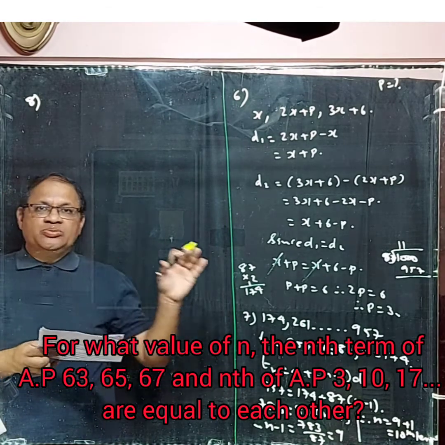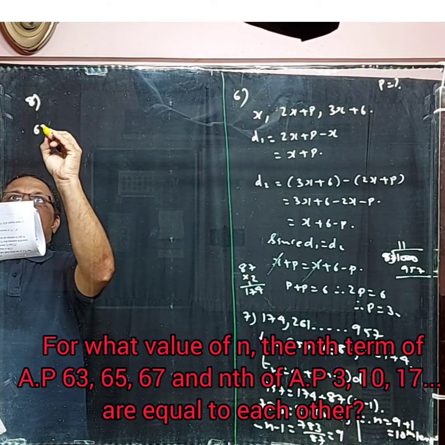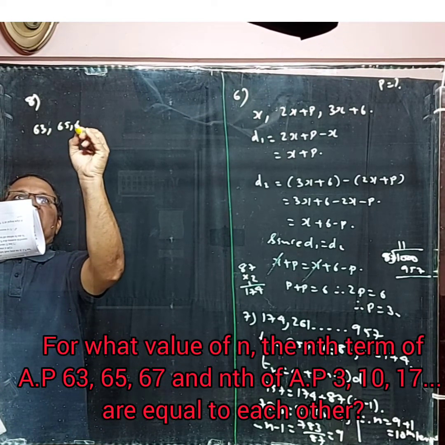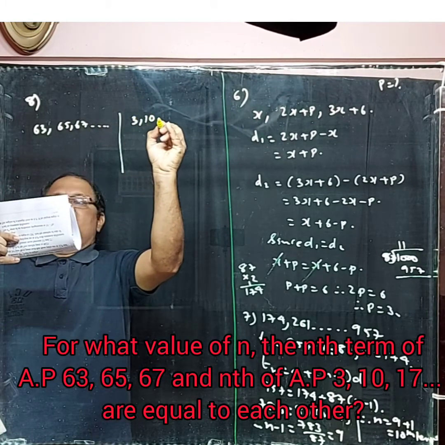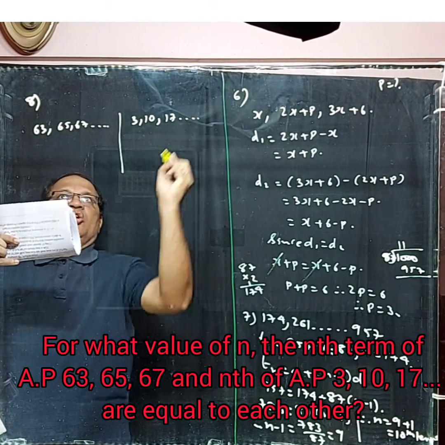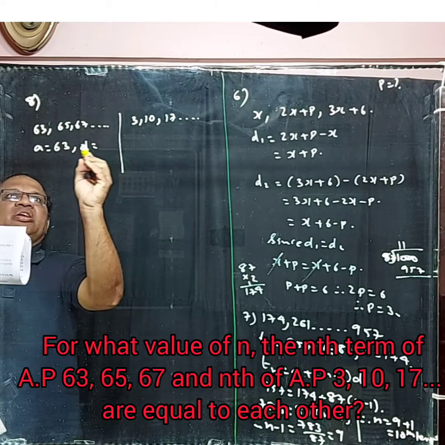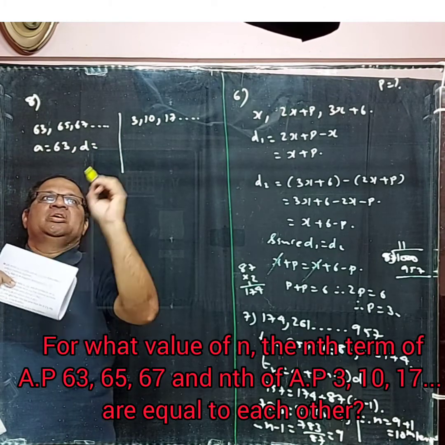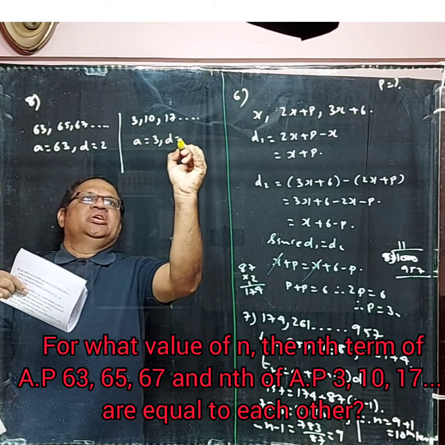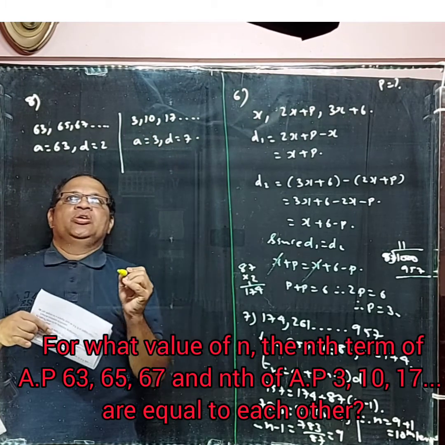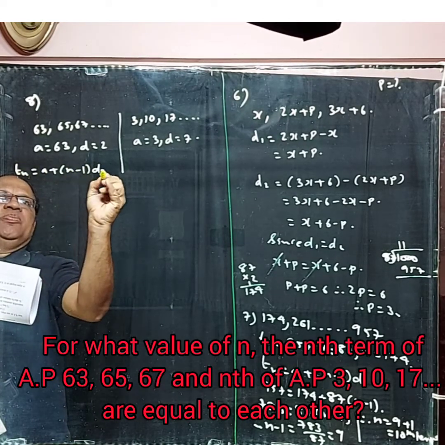So the first is 63, 65, 67 ... and the second one is 3, 10, 17 ... Now with the help of this we can find A, that is 63, D, that is 65 minus 63, that is 2. Here also A is the first term, 3, and D is 10 minus 3, that is 7.